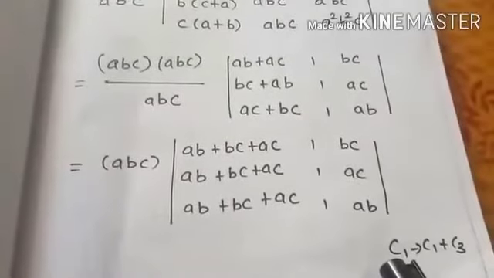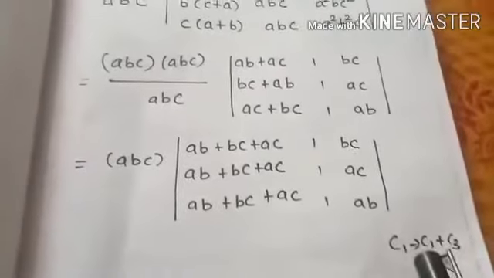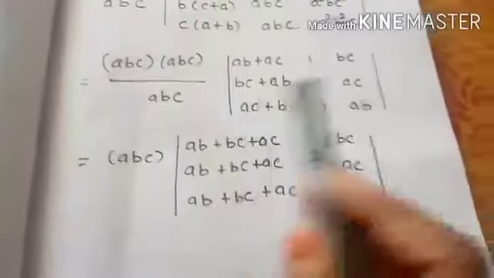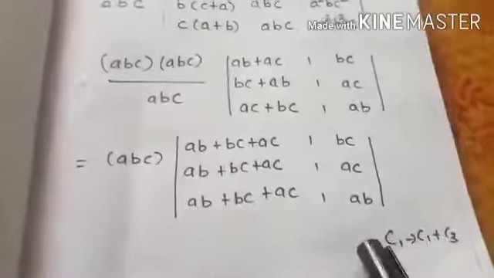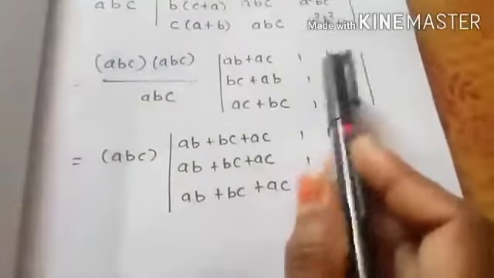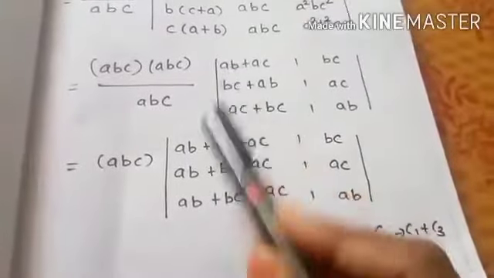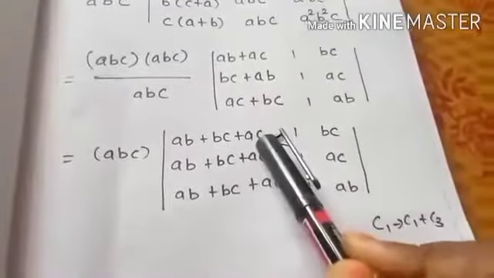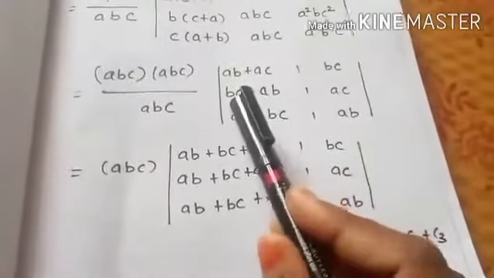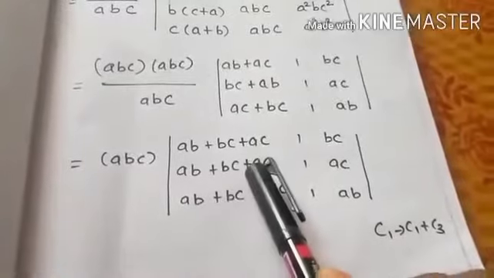We are adding C1 and C3: C1 tends to C1 plus C3. So C1 becomes ab plus bc plus ac, arranged conveniently. Next element: bc plus ab plus ac, that is ab plus bc plus ac.